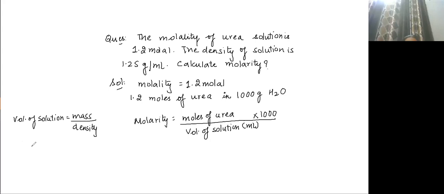What is mass of solution? Majority student, what mistake they will make? They will put 1000 only. Water plus weight of urea. What is weight of urea? Moles multiply by its atomic weight. That is 100 plus 72. So weight is 1072 grams.